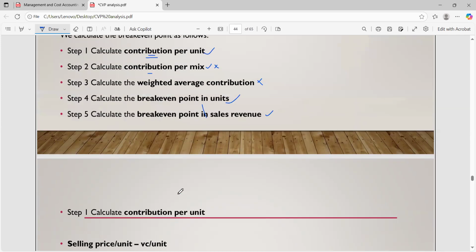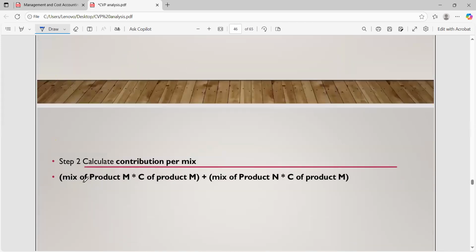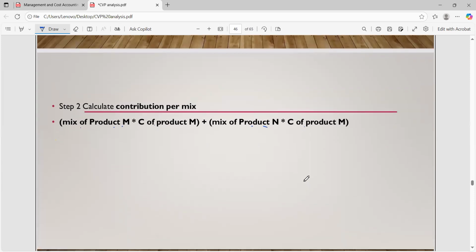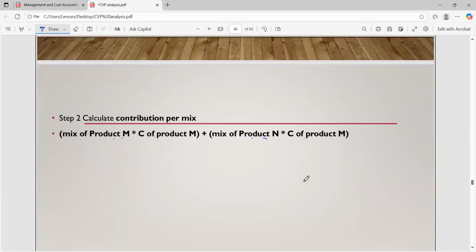Now, that is the first step. The next step says to determine their contribution per mix. Don't forget that the mix of product M times the contribution and the mix for product N times the contribution is what we are talking about. Now, how do we arrive at this?